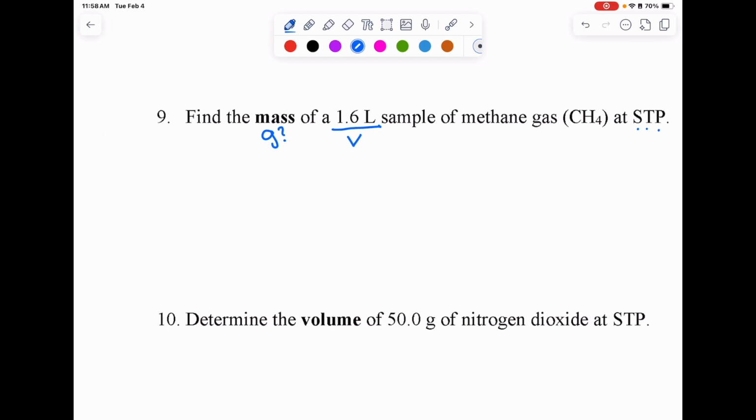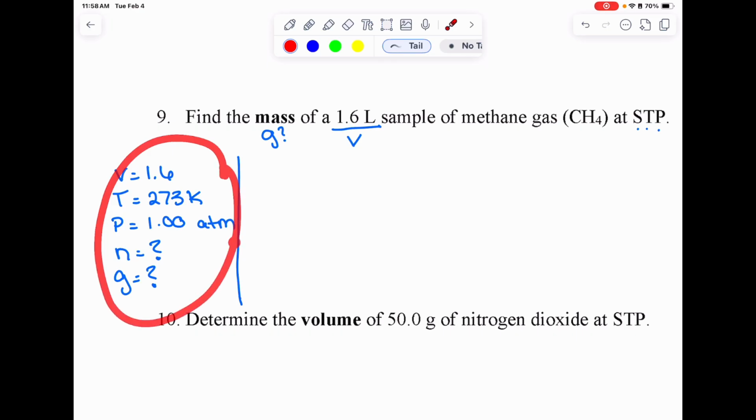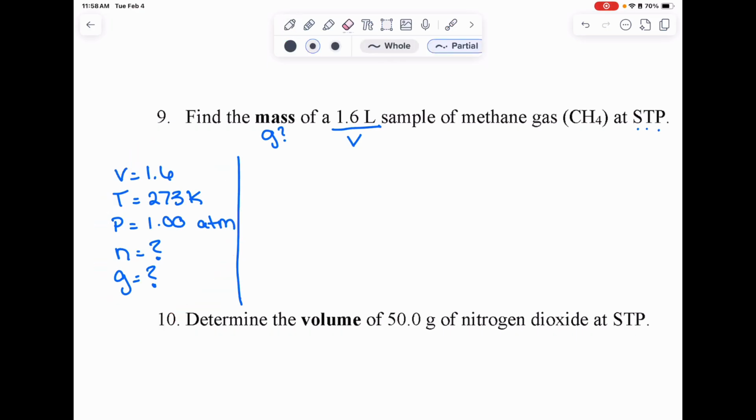We know that we have V, which is our volume, 1.6. Standard temperature is going to be 273 Kelvin. Pressure is going to be 1 atmosphere. The only thing we don't know is our number of moles, because we have to find moles in order to find grams. These are what we do know and don't know, what we need to find.